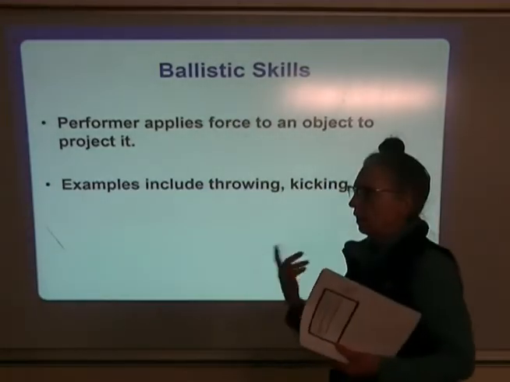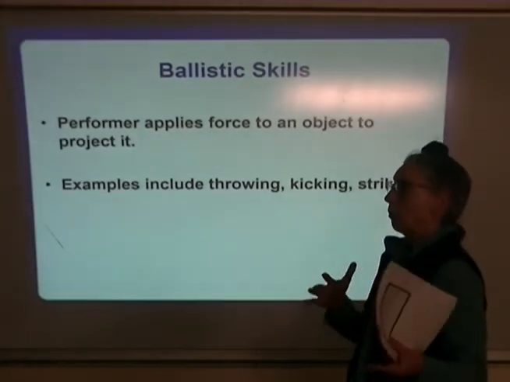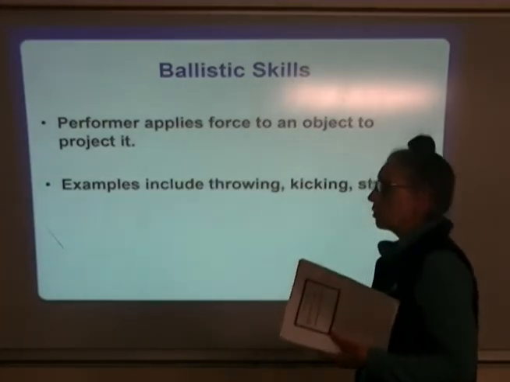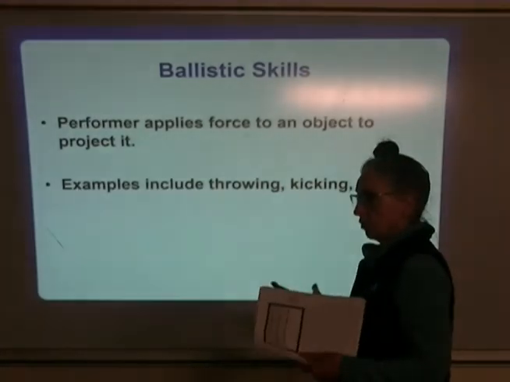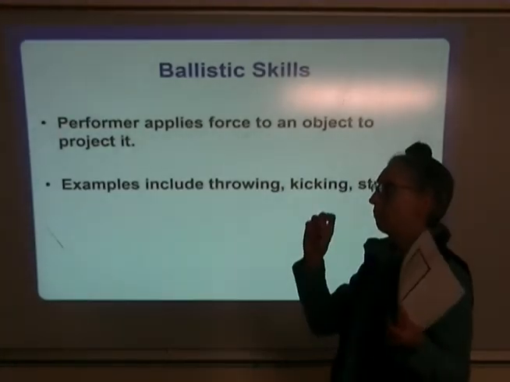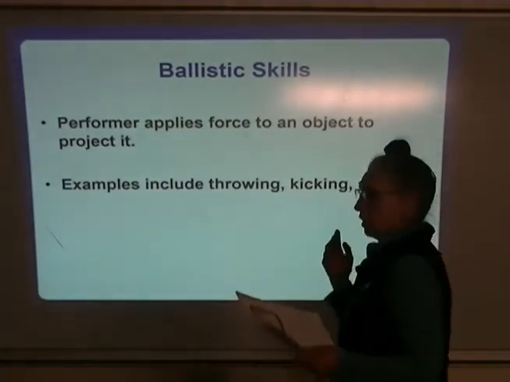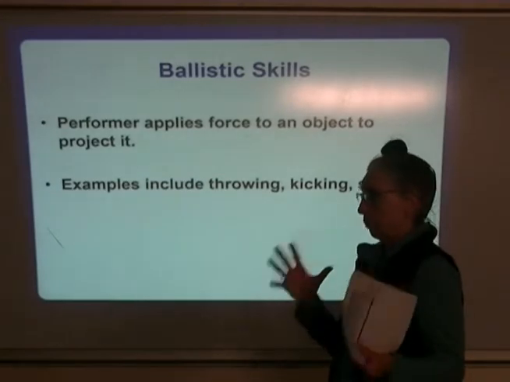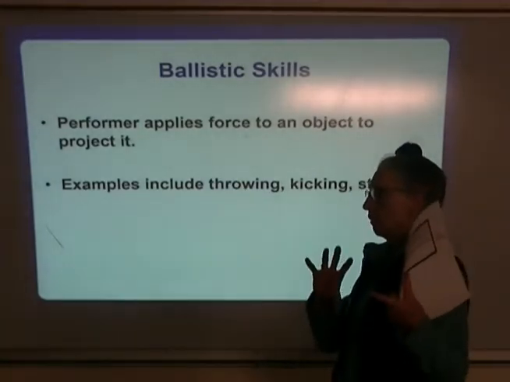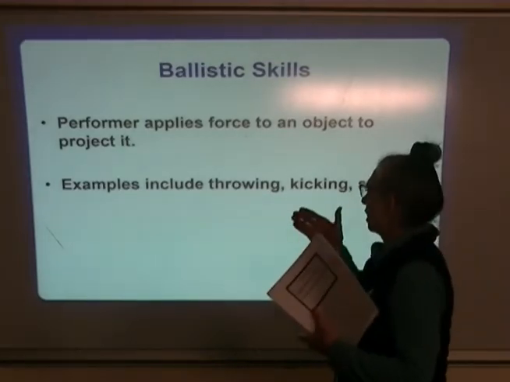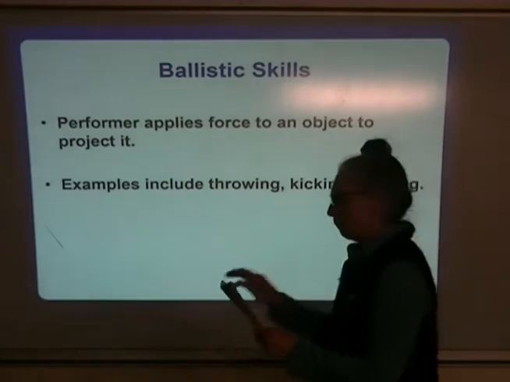So throwing, kicking and striking would all be examples of ballistic skills. And although they're obviously very different motor skills, from a biomechanics perspective, they all follow very similar mechanical principles. So a lot of the ideas that we looked at in chapter 3 apply here in very similar ways to these different skills.